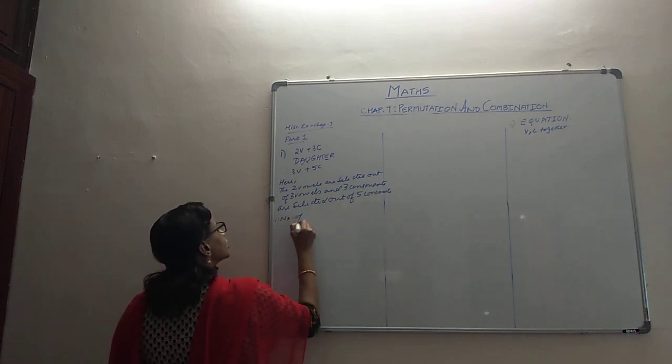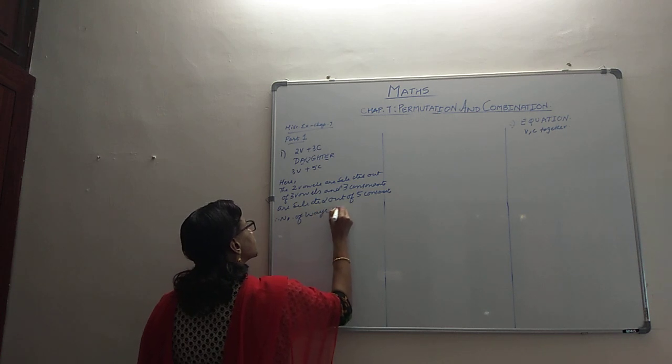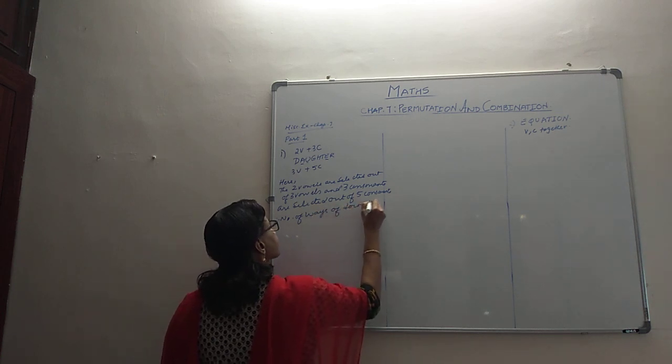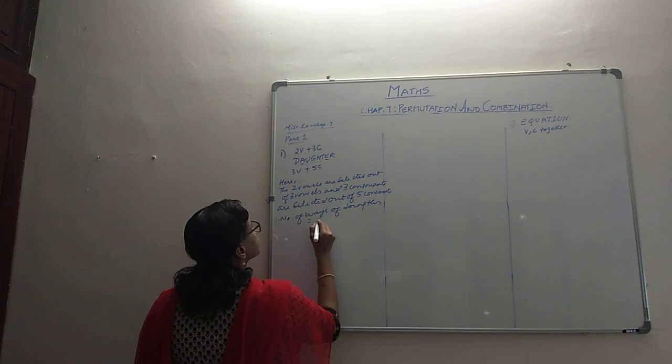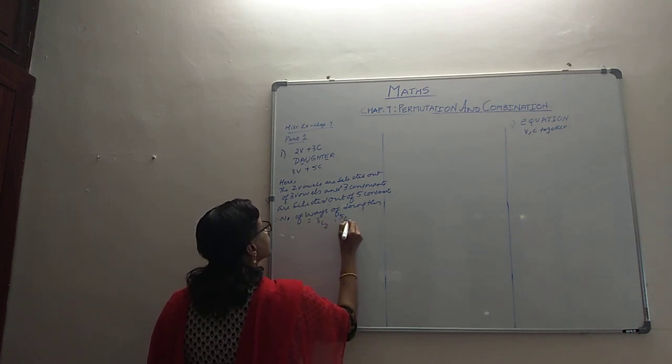Therefore, number of ways of doing this is 3C2 into 5C3.